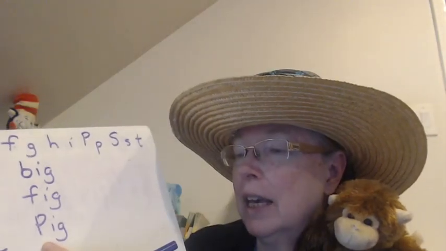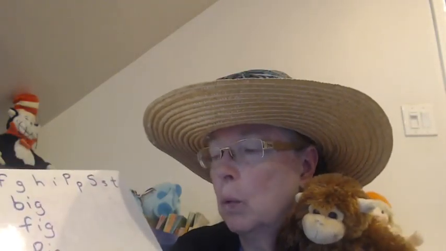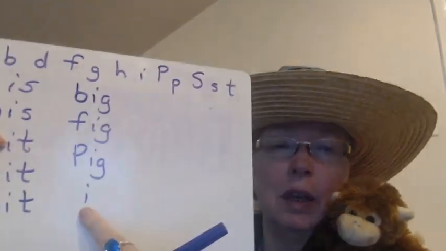All right, and now we're going to go back to the short I. And after it, we're going to add a D, and we have id. No, that got blurry, didn't it? Id.